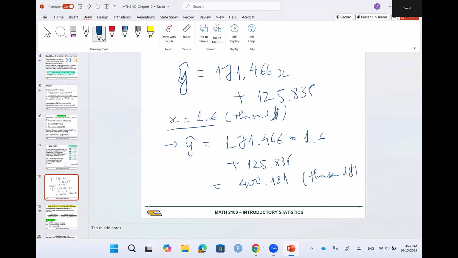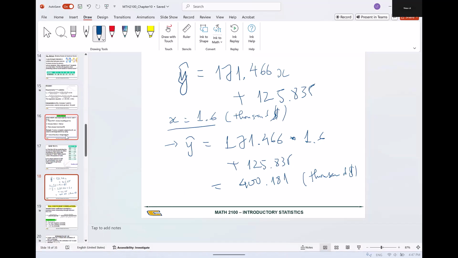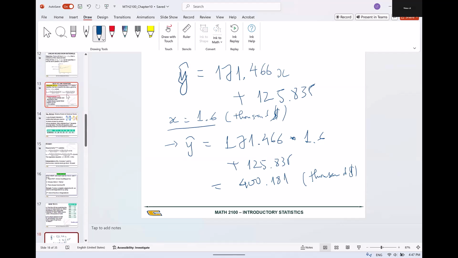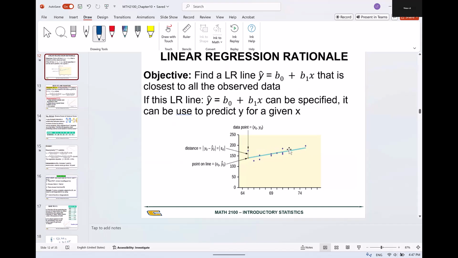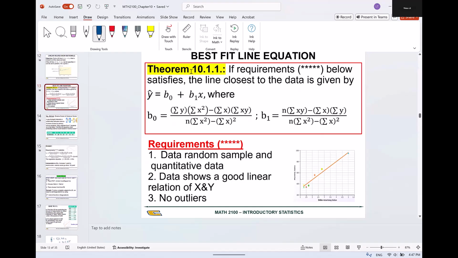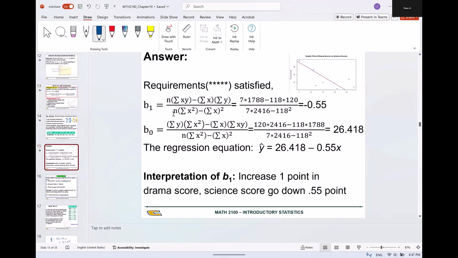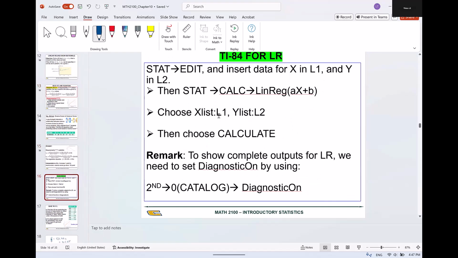It comes from the linear regression technique, in which, from this theorem, we find a line closest to all the data points. This theorem is the backbone, and it helps the people who make the TI calculator to program it and make it run when you plug in.